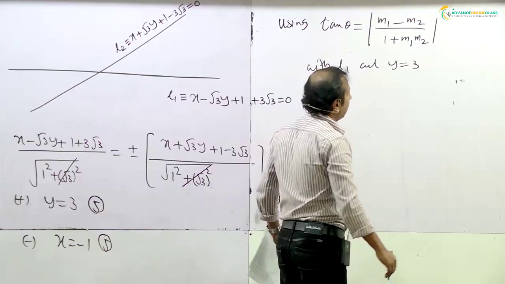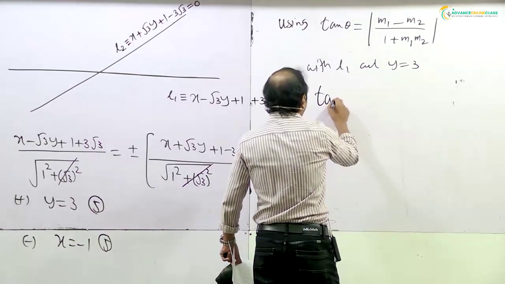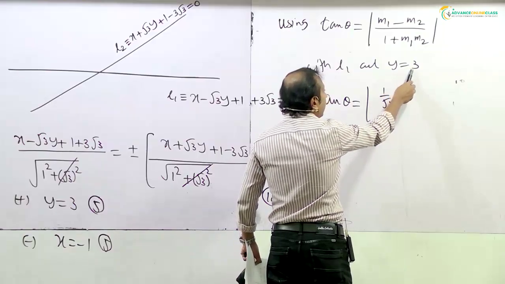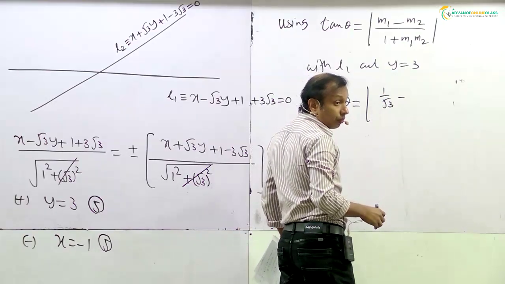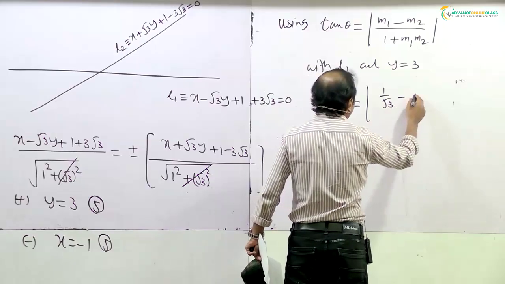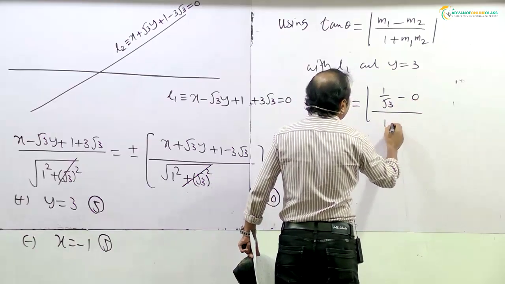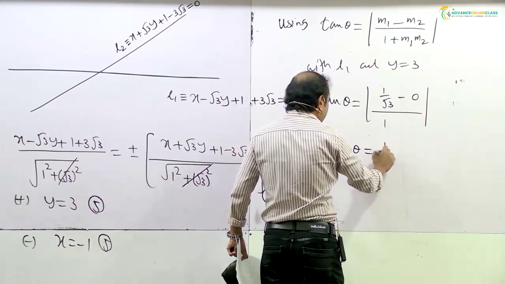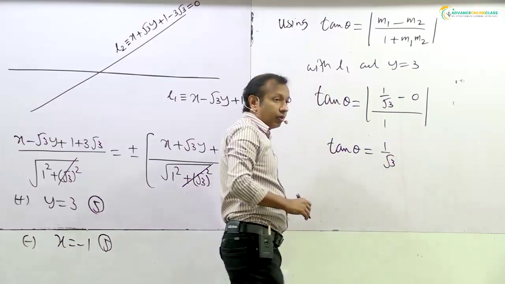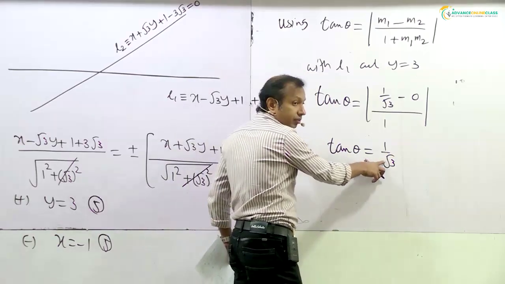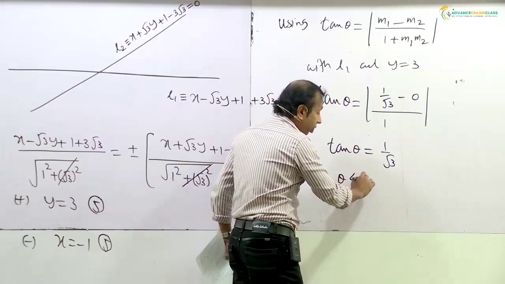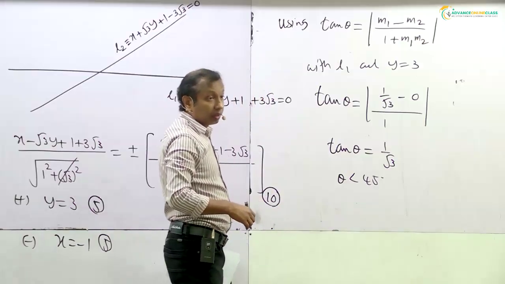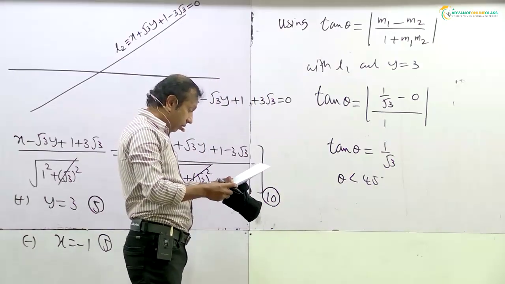The gradient of y equals 3 is 0, parallel to x-axis. This way we get tan theta equals 1 over root 3. This is less than 1. Therefore, theta is less than 45. That means the selected bisector is the acute angle bisector.